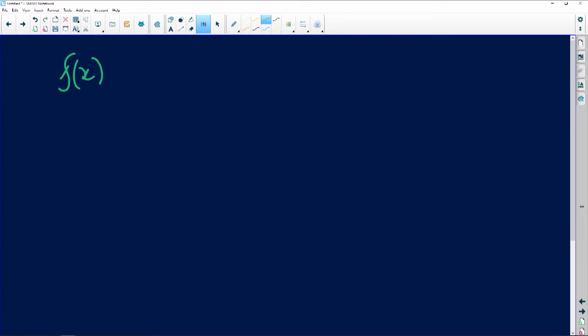If f of x is given as ax to the power of n, then if I want to find the derivative of that, the power comes down, it multiplies with the existing coefficient, and the x has the old power minus 1. That is what we refer to as the power rule for derivatives.